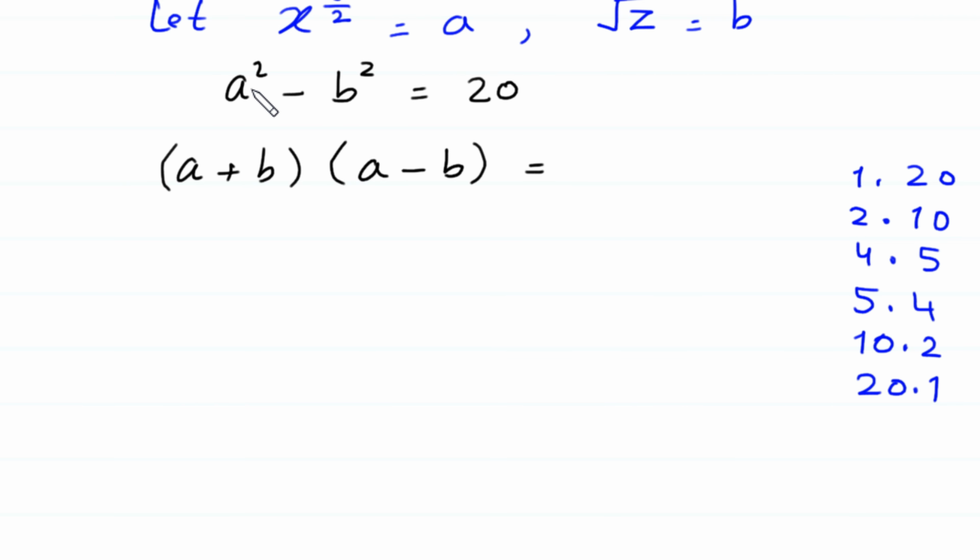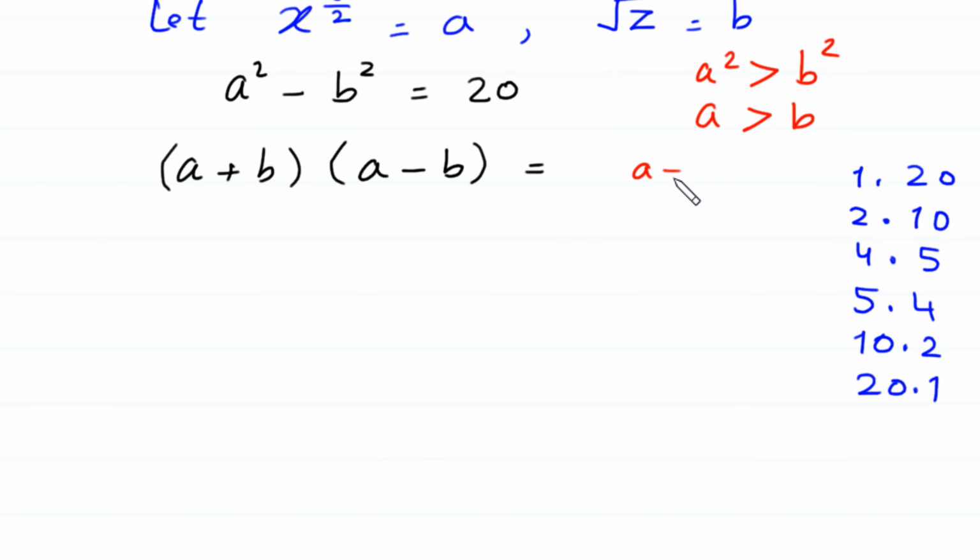Now you can see that a square minus b square is equal to a positive number 20. It means a square is greater than b square, and a is greater than b.